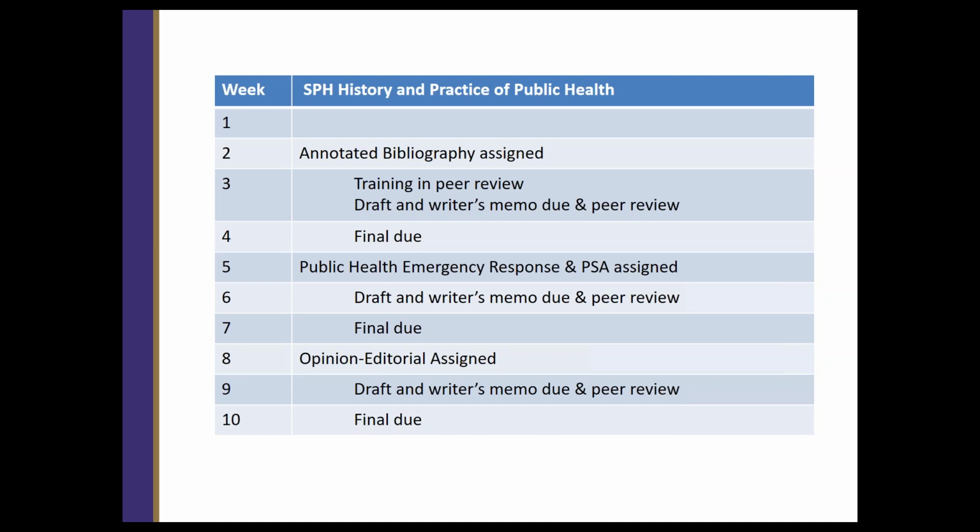Then 1 week later, they're required in class to do peer review. And we build in the training in week 3 for the peer review process, and then they come into discussion and they have to bring 2 printed copies of their draft, and they have to complete a writer's memo.